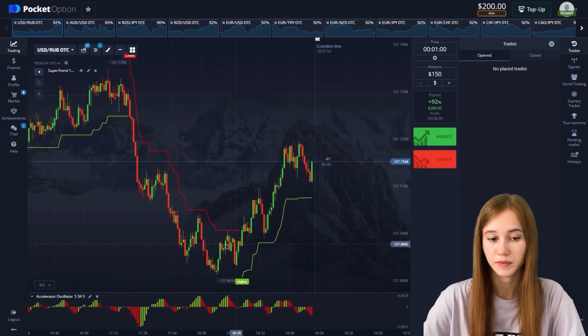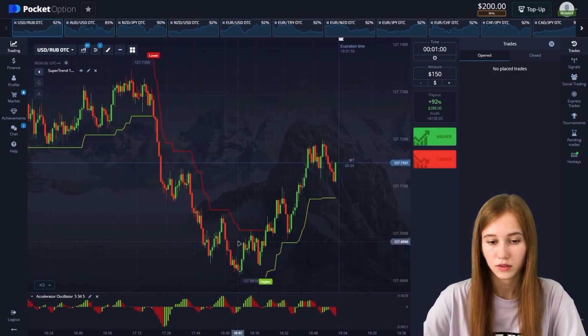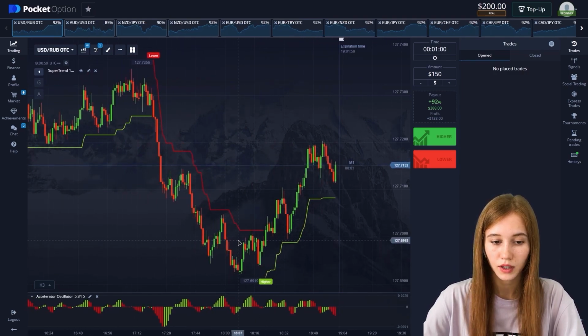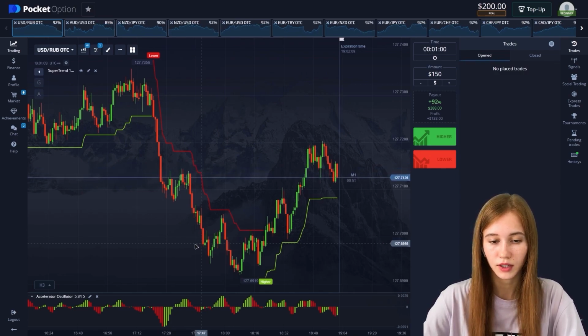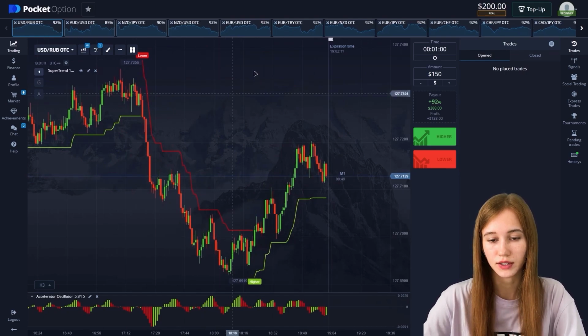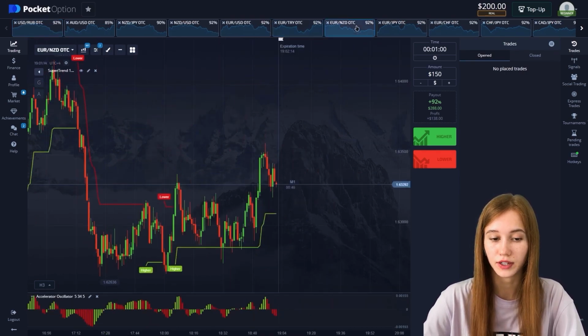It was, so two green bars above and two red bars below the zero line are a sell signal. I think I explained everything to you, and I suggest switching to the first currency pair and starting trading.